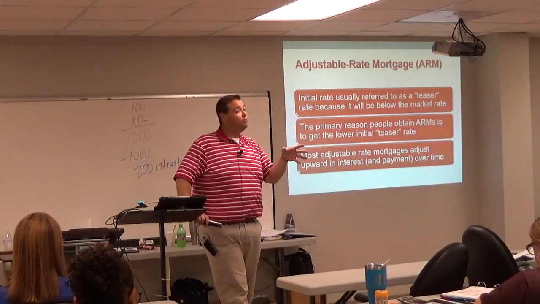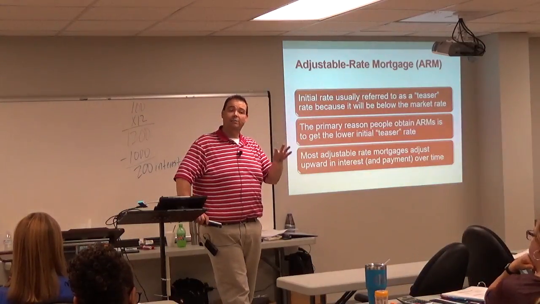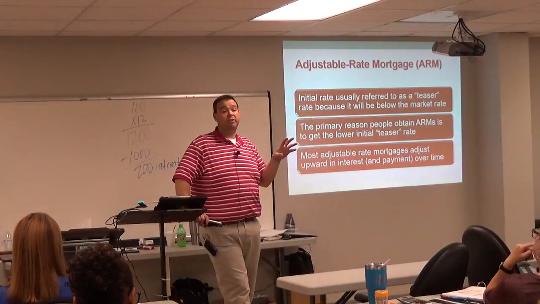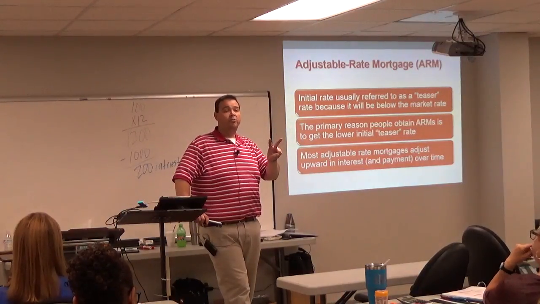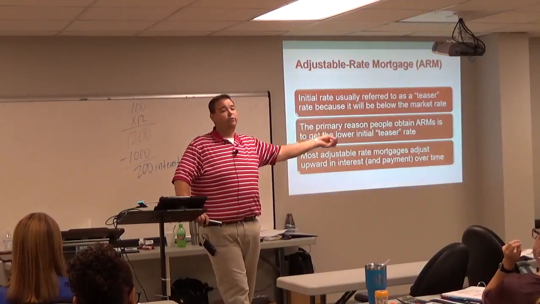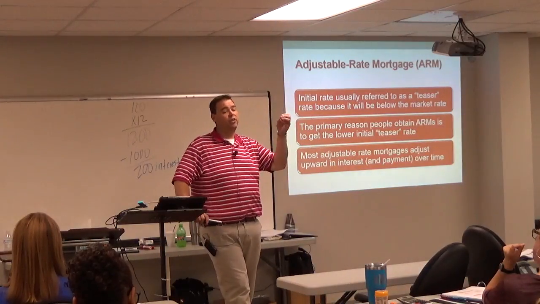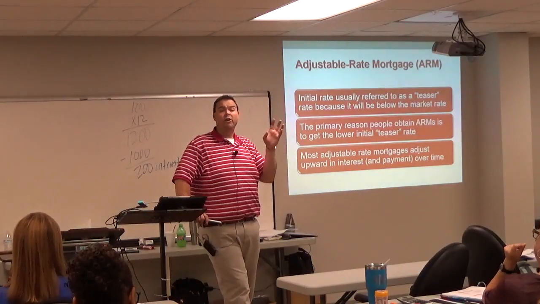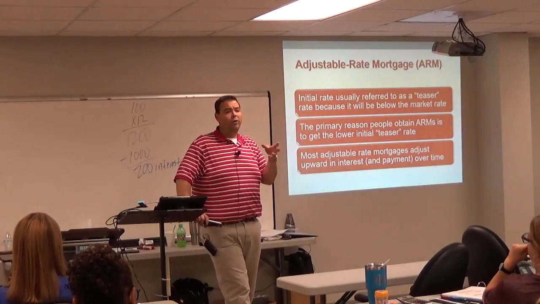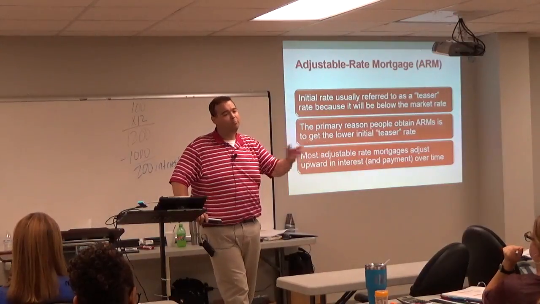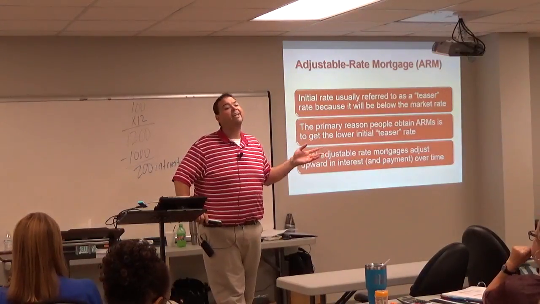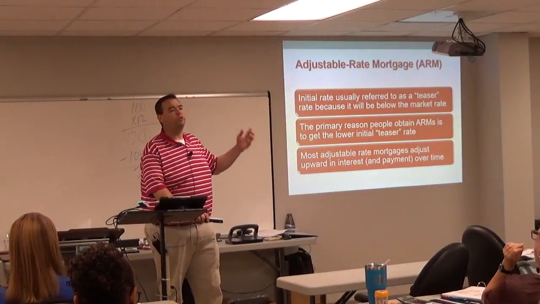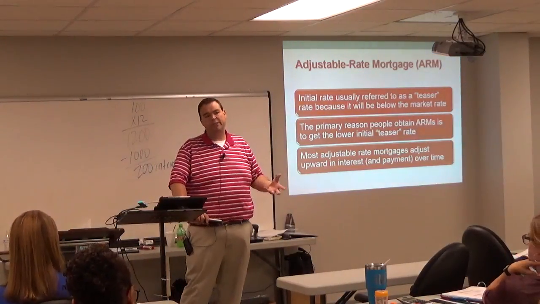And it's locked for 5 years, and the maximum it can adjust, if you take the first full adjustment, is 2%. So you'll have it at 3.75 for 5 years, and the worst case scenario at the first adjustment cycle, you're going to go to 5.75. Well, if you average them out, that's about what you would have been paying on that 30-year fixed all along anyway. So that's not necessarily a bad loan. You just have to look at everybody's situation as individual.